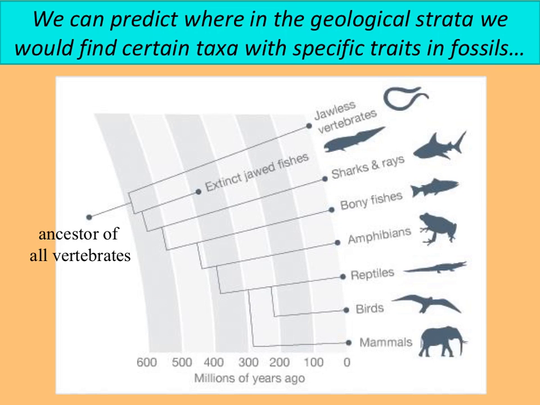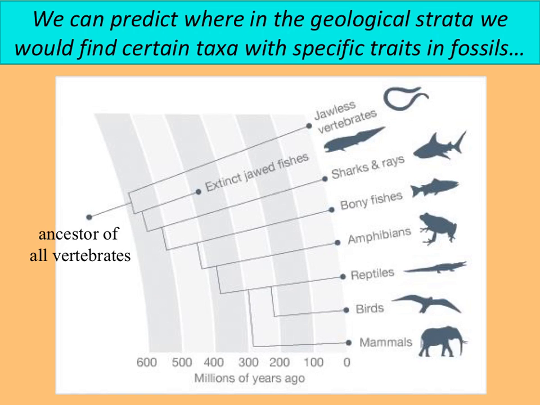So, for example, in terms of the vertebrates, there were these jawless fish. There was an extinct jawed fish called the placoderms. There were sharks and rays, and then bony fish, and then there was an ancestor called a lungfish that was the ancestor of all tetrapods.